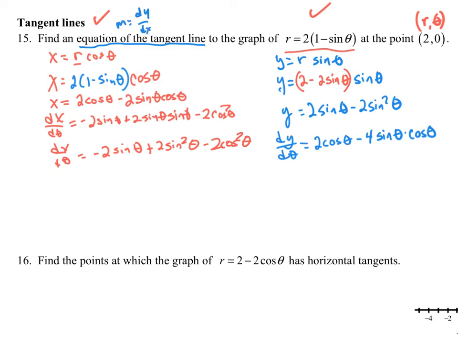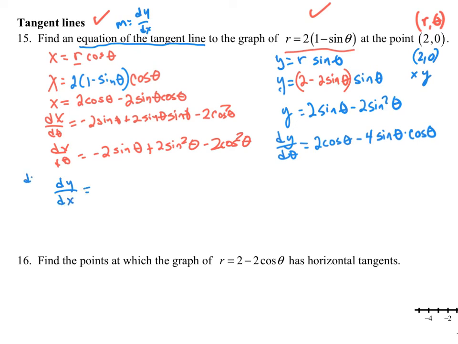Oh, that's what it's been most of the time. And then the point, this is r, theta, I said, but also this is just going to be my x, y. It's going to be the same exact thing. Rare that that does happen, but that's what we're ending up with. So what I want to do now is find dy/dx.